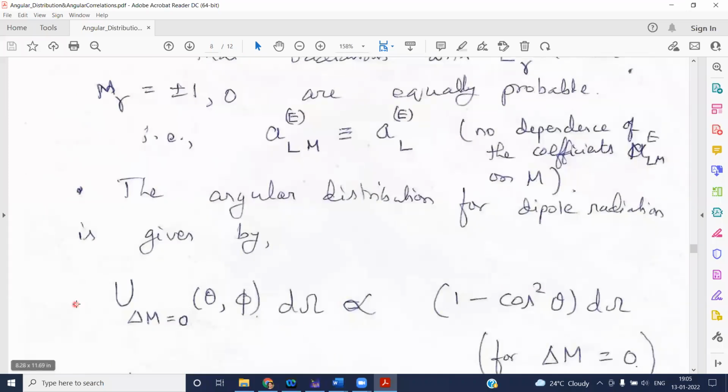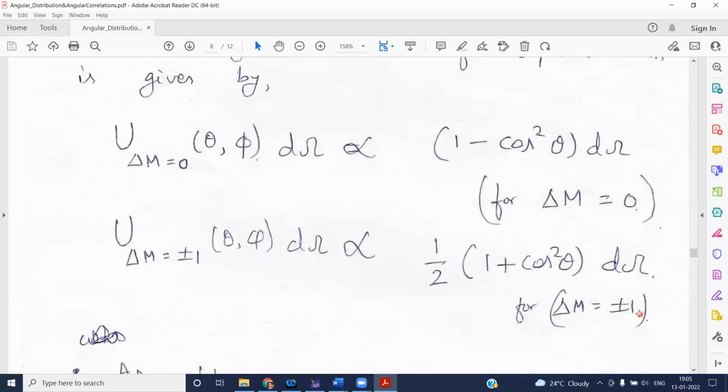I did tell you delta M is 0 means M is 0. I had checked that for L equal to 1 and M equal to 0, it is sine squared theta. That is the angular distribution of dipole radiation, theoretically given by 1 minus cos squared theta d omega. But if I take M equal to plus or minus 1, I get 1 plus cos squared theta.